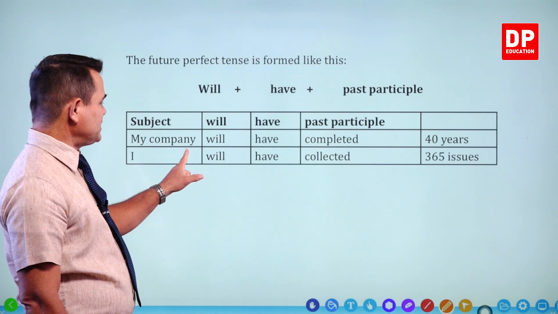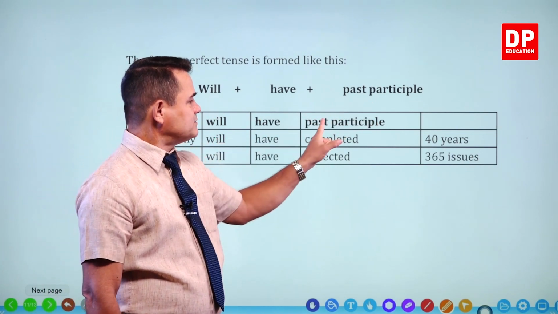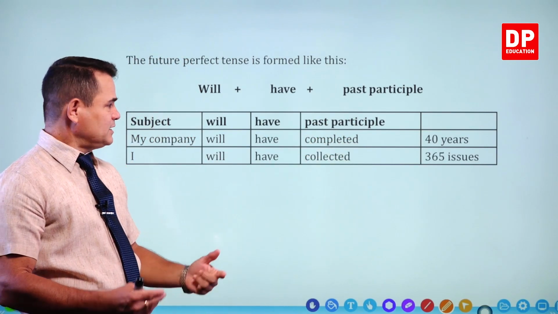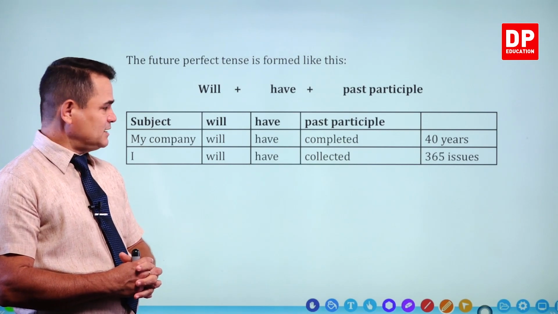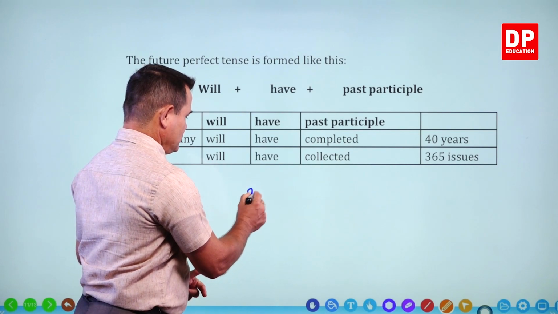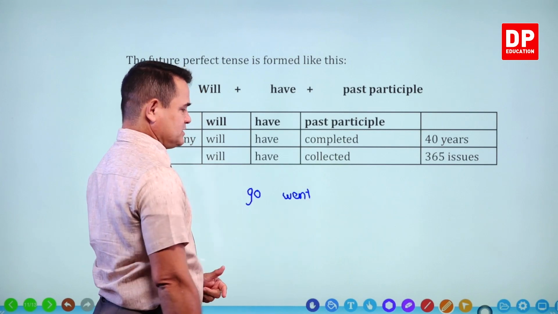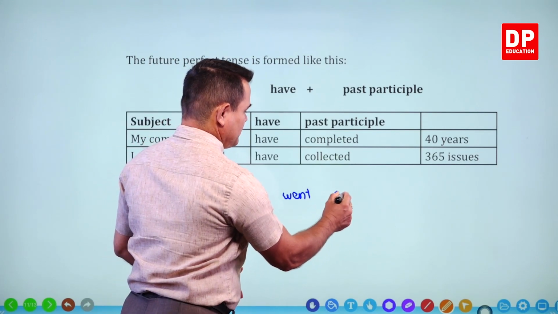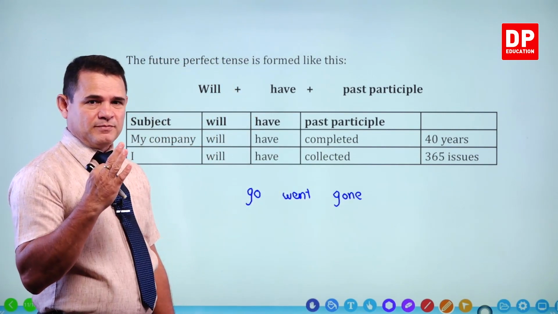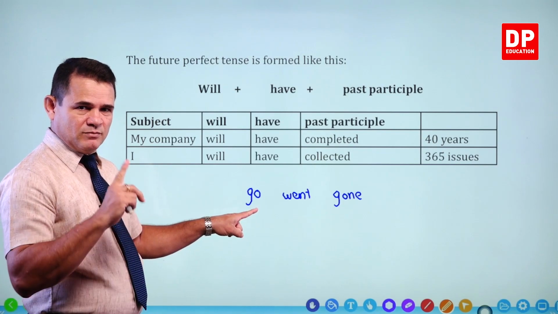Subject, my company, will have, and the past participle. Past participle means, earlier I took a simple example, go. Went is the past tense. Gone is the past participle, the third form. This is the infinitive or base form, verb 1, right?